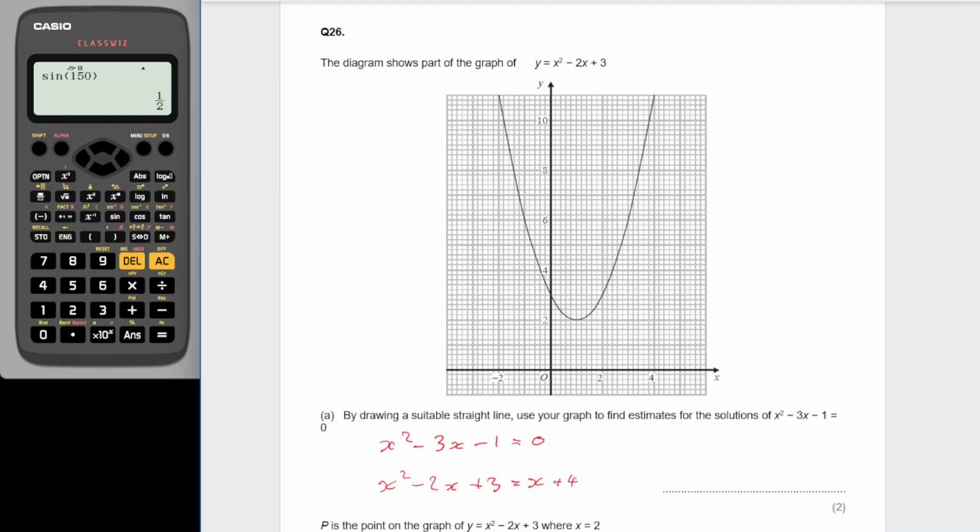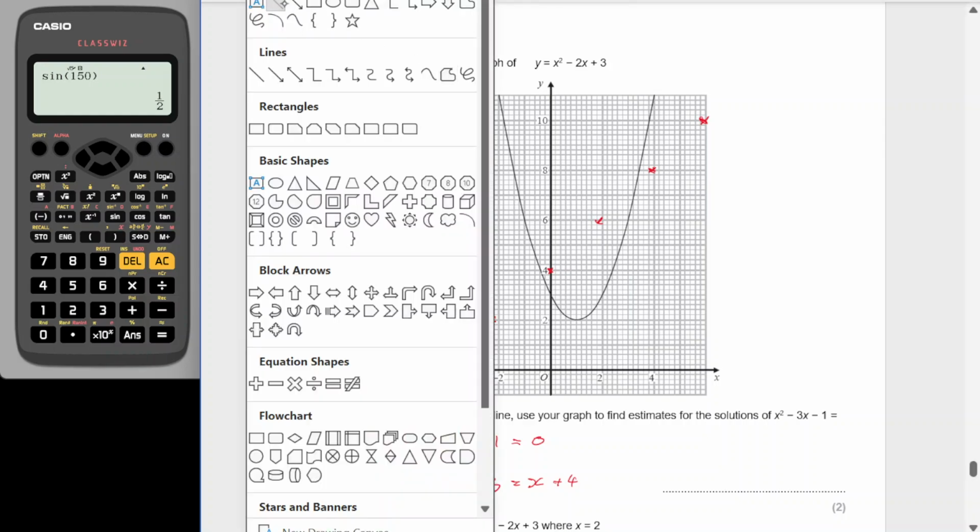So I need to draw the graph of y is equal to x plus 4. So we have an intercept of 4, and we have a gradient of 1. So for every 1 across, it's going to go up 1. So for 2 across, it goes up 2. Right, and we put in our line.